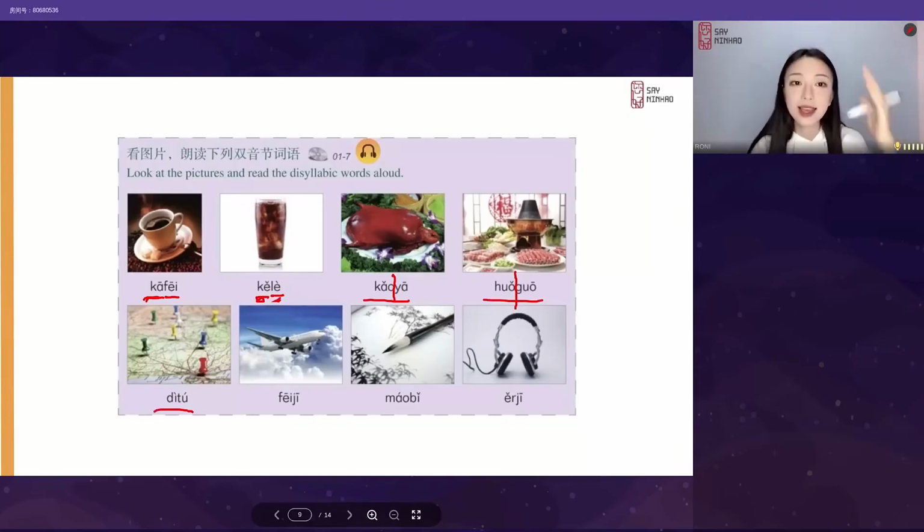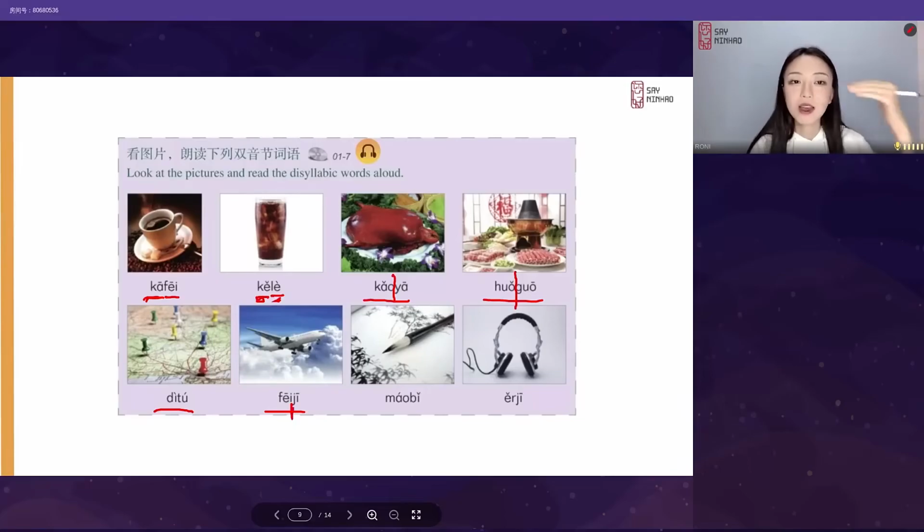Next one. Di tu. Read after me, please. Di tu. It is map. Next one. Fei ji. This is airplane. Read after me, please.